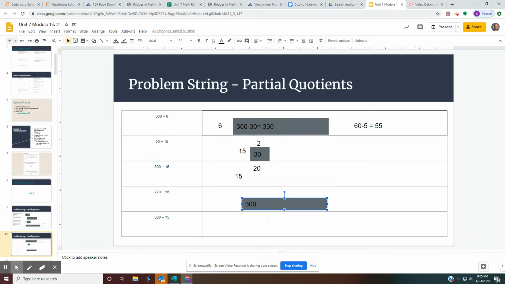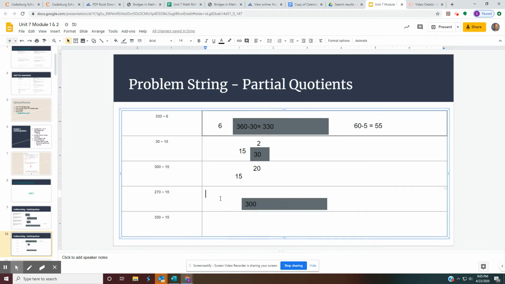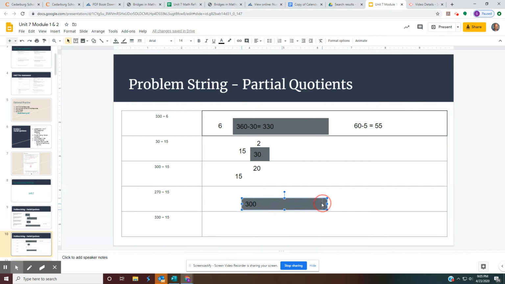270? So let's take a look at what we have here. How are we going to figure that out for 270? Well, if I take and make this one group smaller, now what I've done is I've subtracted one group of 30 to equal 270.